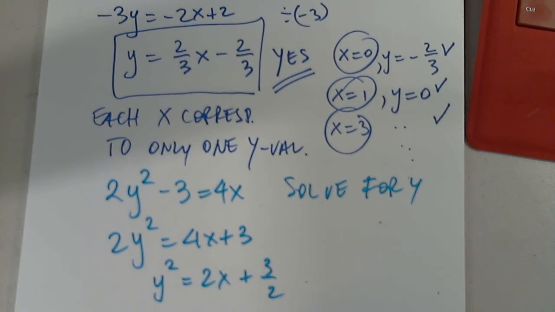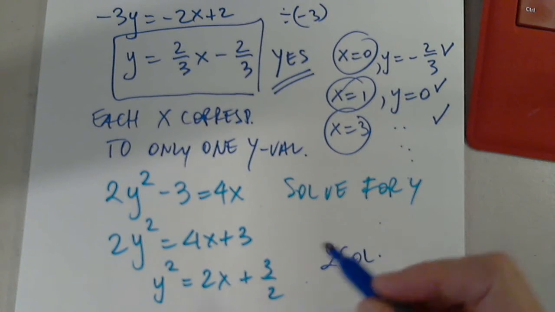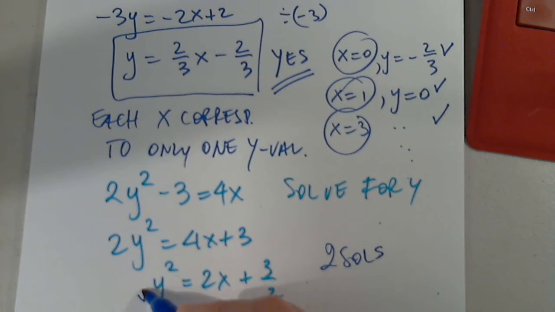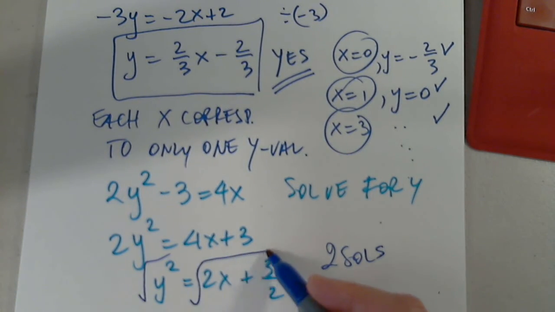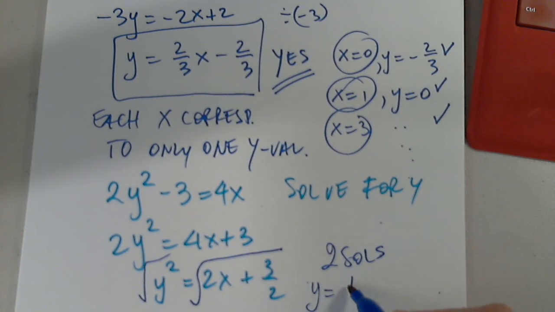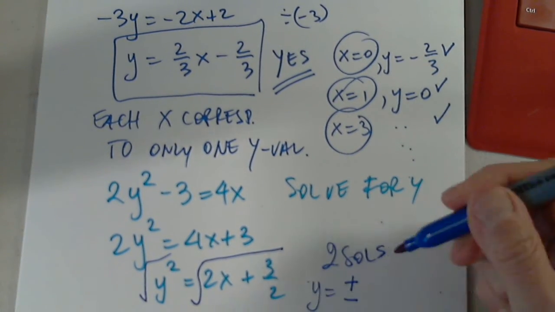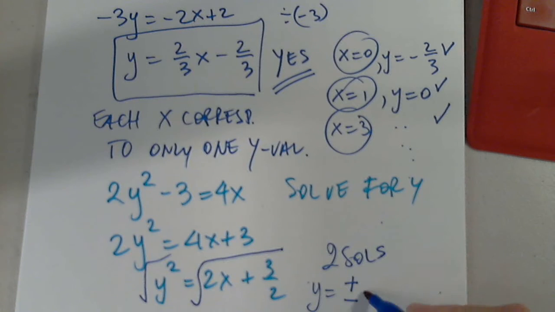And we reviewed all these in chapter 1. Well, you'll get 2 solutions. Indeed, 2 solutions because of y squared, and I have to take the square root. And every time I take the square root, I will never forget to put plus or minus.